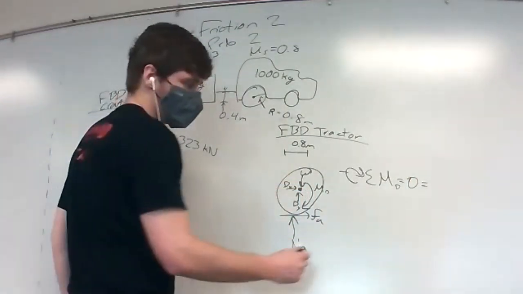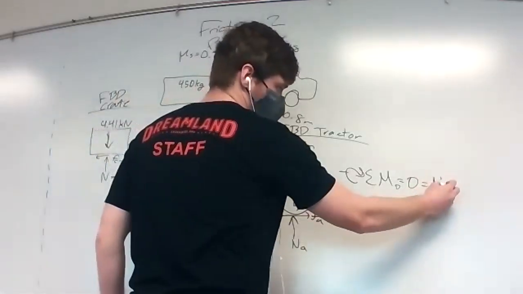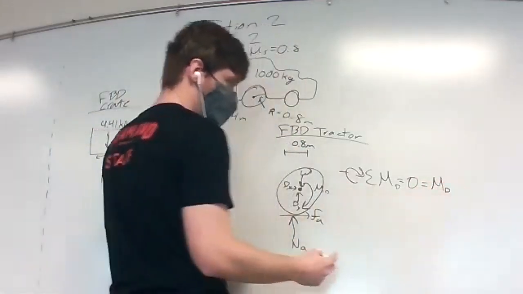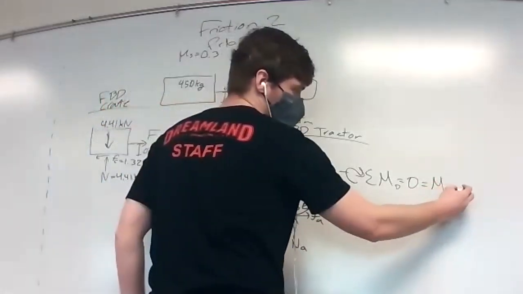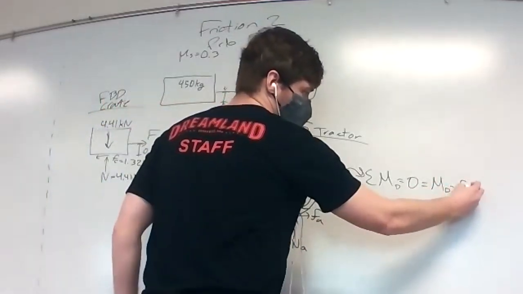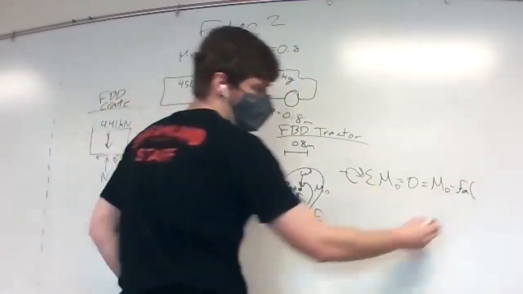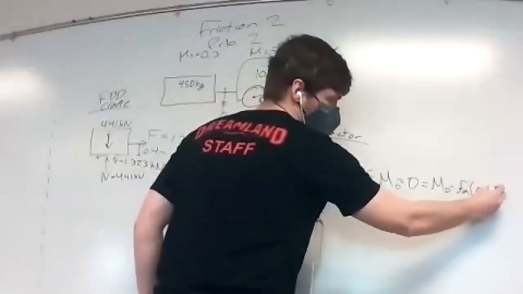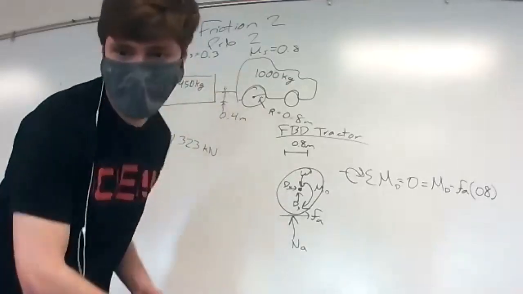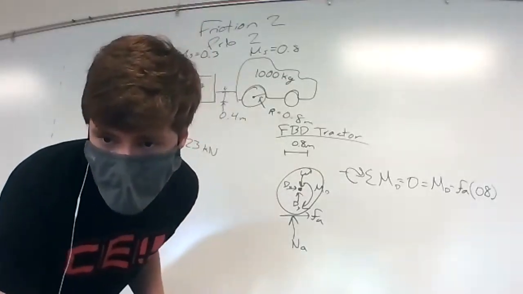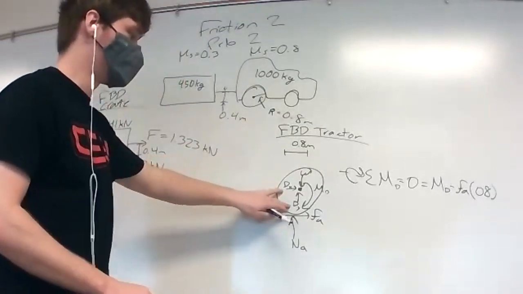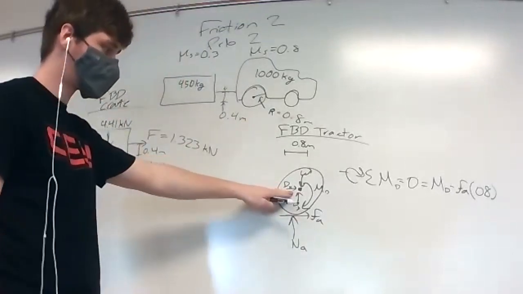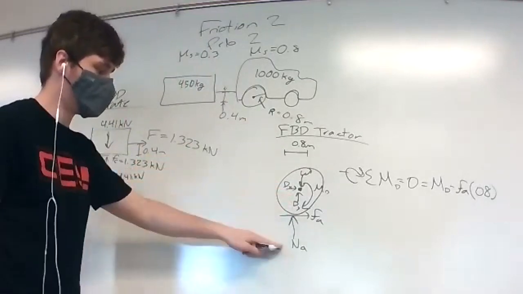So we say the moment about D, and if we're going clockwise, we'll have minus FA times the distance here, which is 0.8. Sorry, this is DY and DX here at the center of the tire.